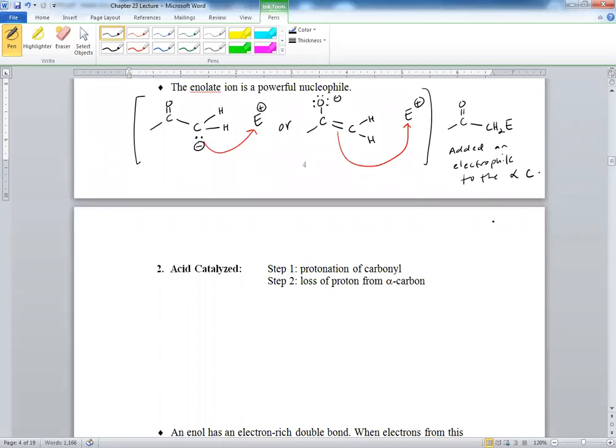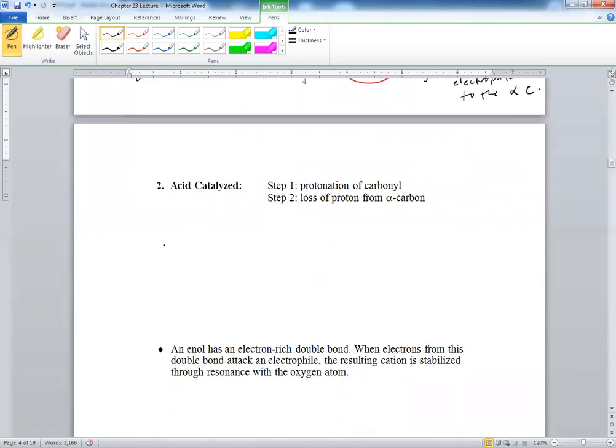So this is important, or the alpha position. So what about having an acid catalyzed? You probably already know that in an acid catalyzed, we've seen that the carbonyl carbon gets protonated first.